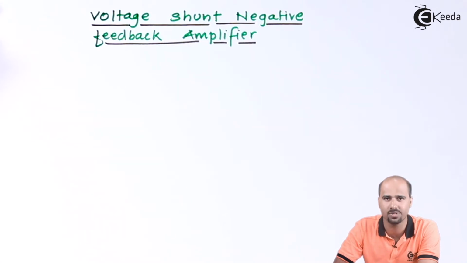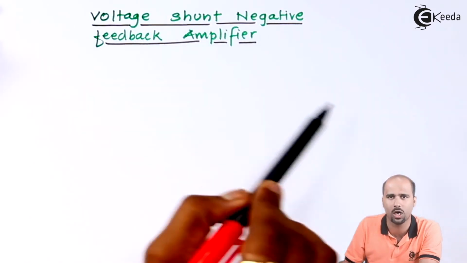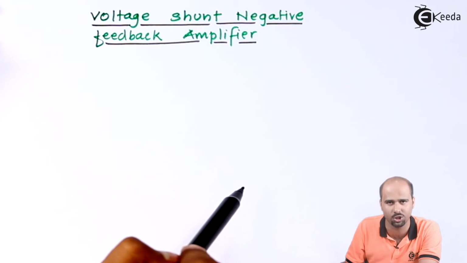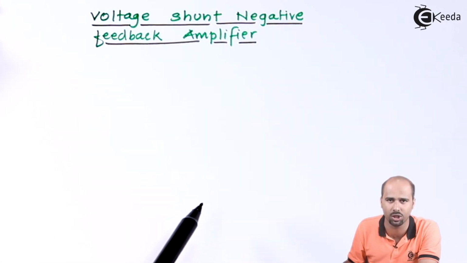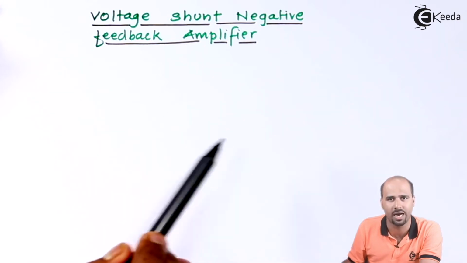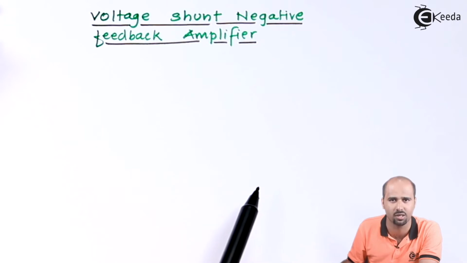Whenever the sampling parameter is voltage, it is attached to the feedback circuit with a shunt configuration, so the connection of the forward amplifier and feedback at the output side for sampling is with a shunt circuit.